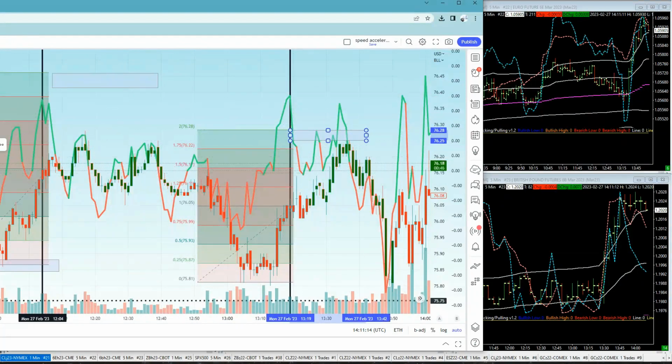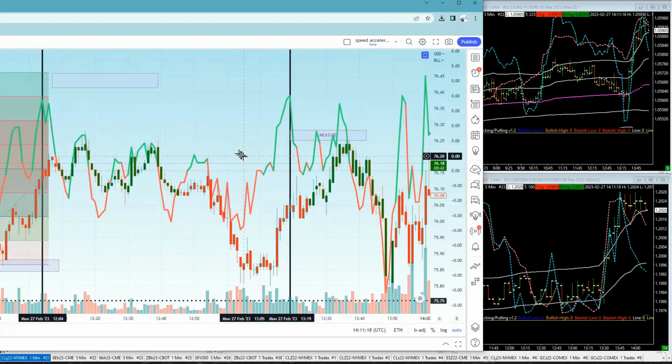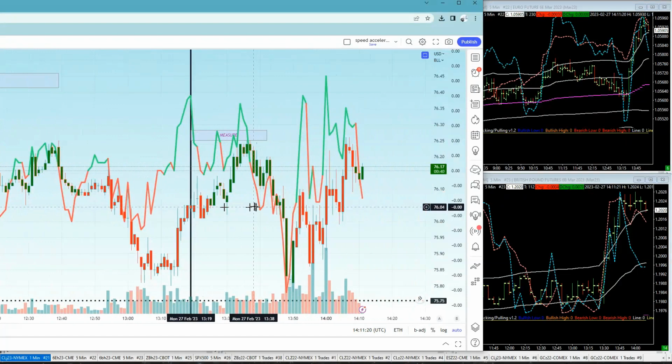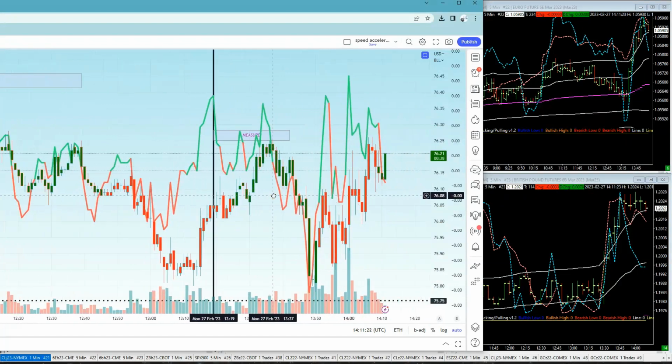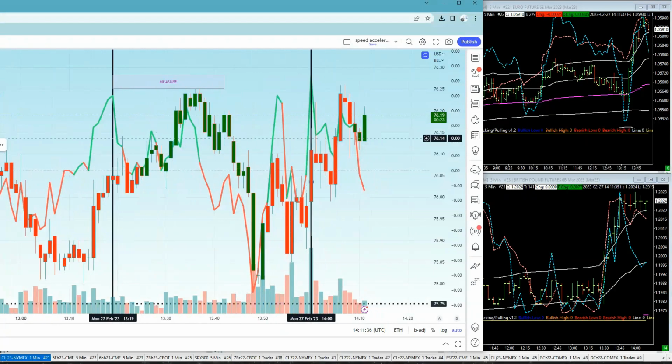Does that make sense? So you can start to recognize these simple ideas. If you've got peak velocity and it hasn't gone any higher, then of course you move. You can see, for example, we've got peak velocity here. It hasn't gone any higher. So you're already starting to think to yourself, well, that could be the mid price right there.